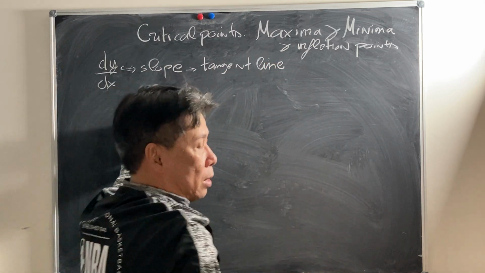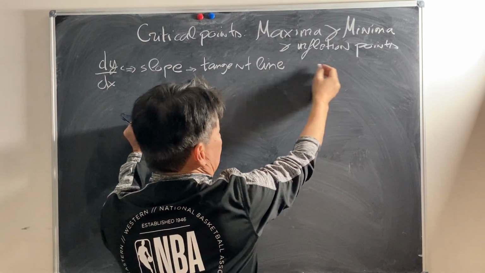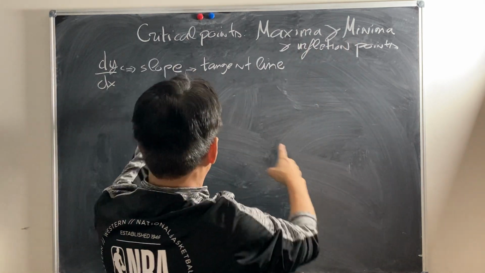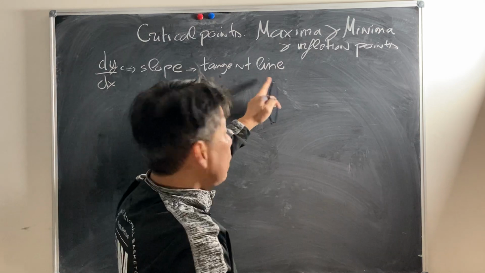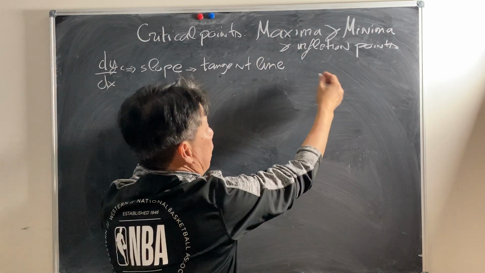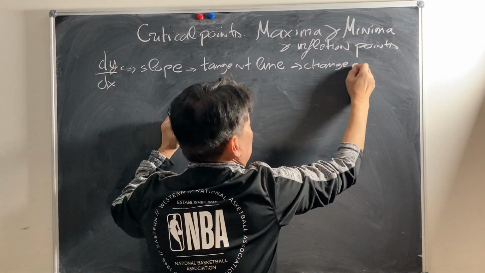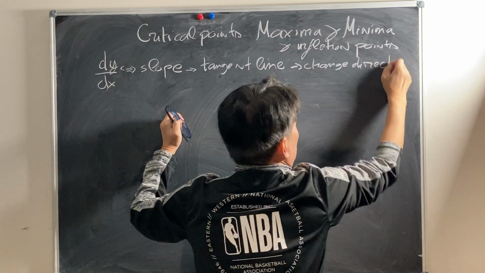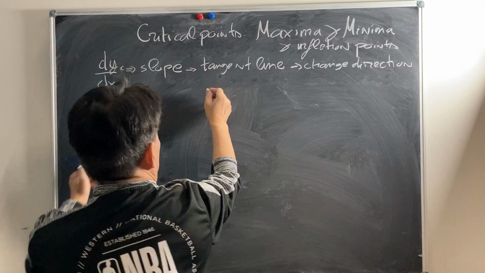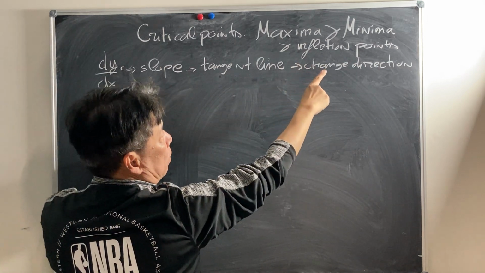And if the tangent goes through that point, the maximum point, then also the minimum point is when the tangent line goes up or goes down at that point. So they change direction. Okay, at that point, if they don't change direction, we call that an inflection point.